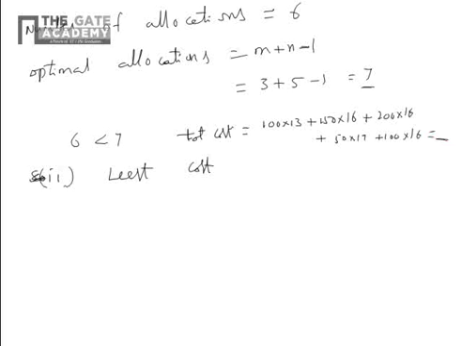That is the total cost for allocations. The total cost is 9350. Now this is about the northwest corner rule. Next is the least cost method.